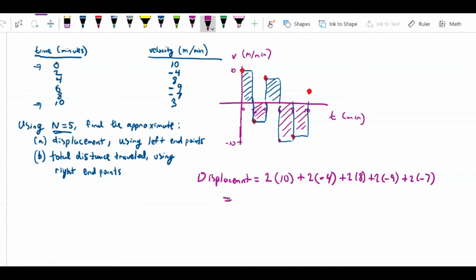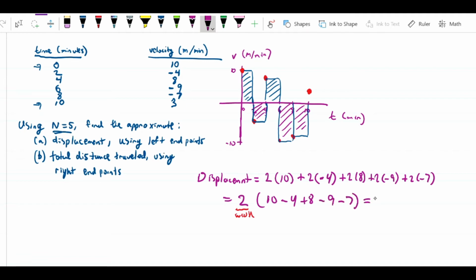Notice, by the way, that because the widths of these rectangles are always the same, I can simply take the width and put it out here, and then I can simply add up the heights. So that's going to be 10 minus 4 plus 8 minus 9 minus 7.